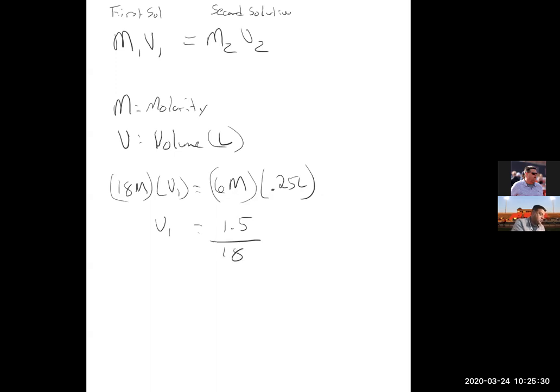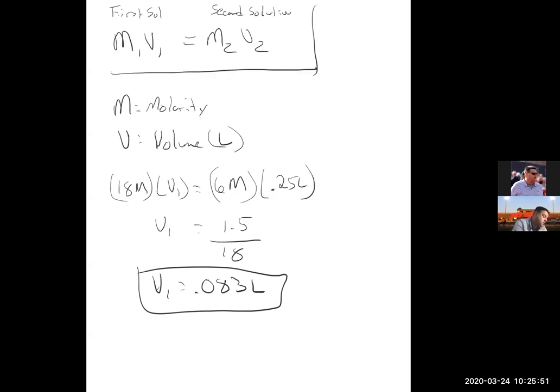So my answer, volume 1, is going to be 0.083 liters. Again, it's just being able to plug in and solve for a formula, putting in what you know. I'm going to use this formula straight up here: M1 V1 is equal to M2 V2.